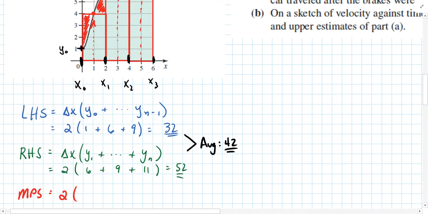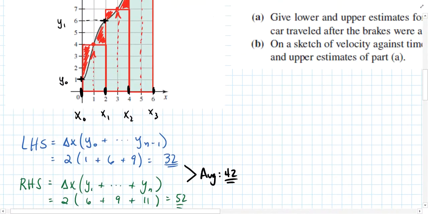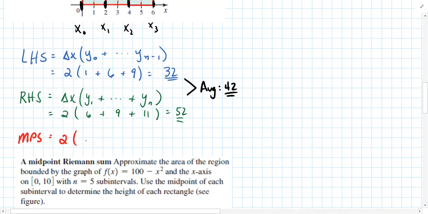Each of these rectangles had a width of 2, but this time the heights are a little bit different. We have a height of 4, a height of 7, and a height of 10. 4, 7 is 11, and 10 makes 21. 21 times 2, well, that's kind of interesting. The midpoint sum calculates out to be 42 units.